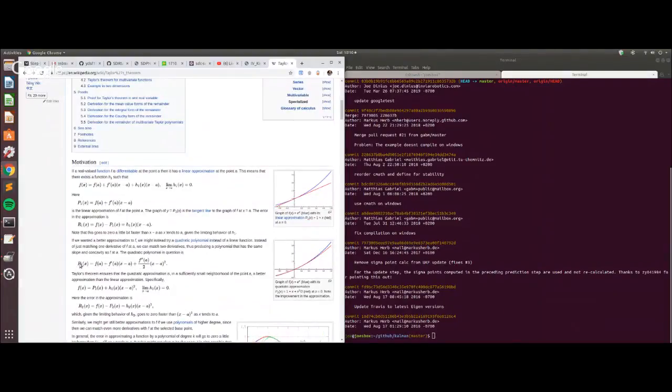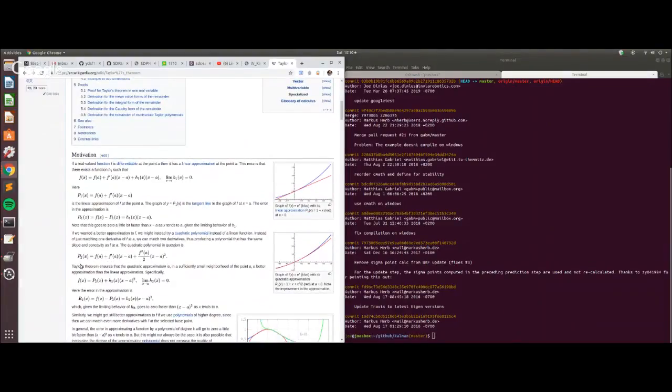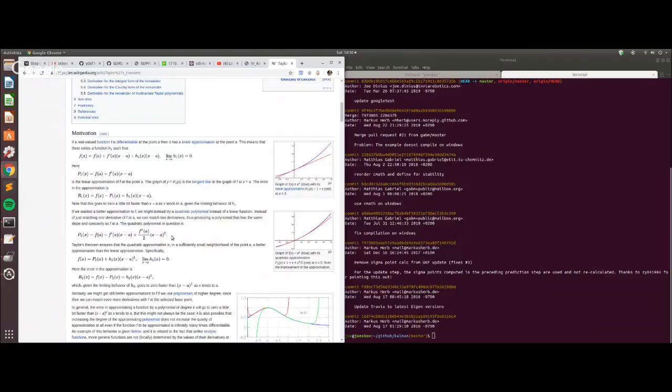So right here, this is a second order Taylor polynomial, also called a quadratic approximation.